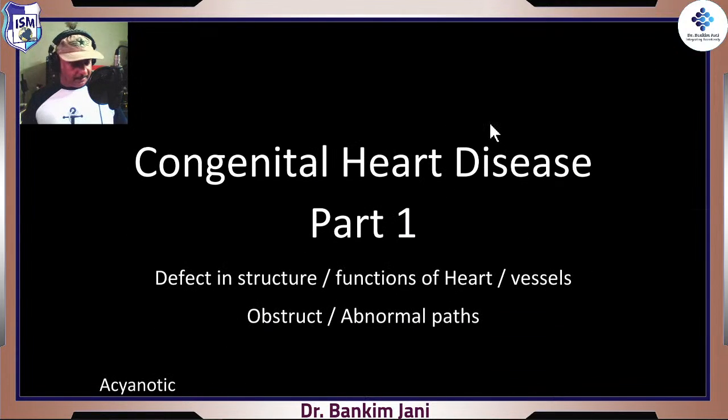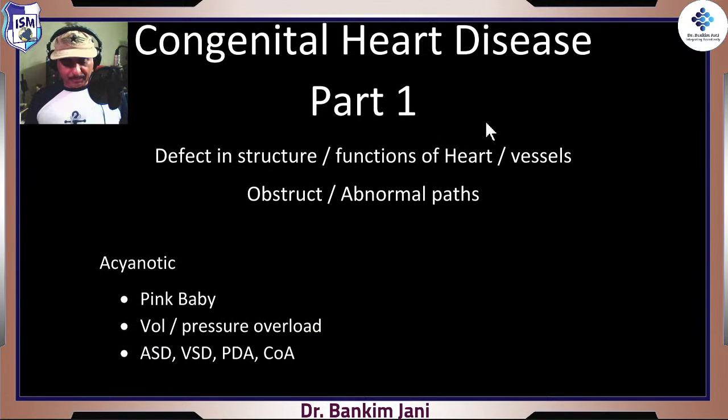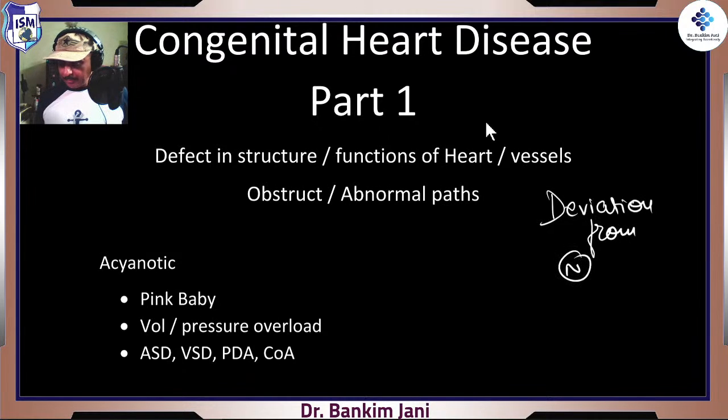So here it is, the congenital heart disease, part 1. When we say congenital heart disease, the easiest explanation is that whenever there is any deviation from normal embryology, that is what congenital heart disease is.